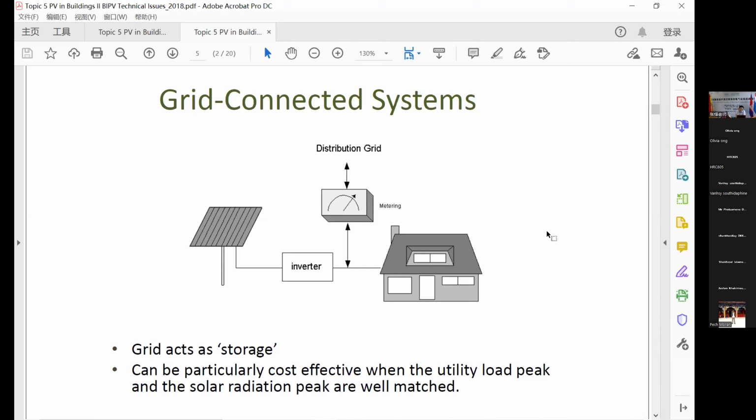For example, we can store the excess renewable energy during the daytime, and at night, once we have a greater electrical load gap, we can use such stored energy to supplement the gap. That is one reasonable and scientific way to use renewable energy.